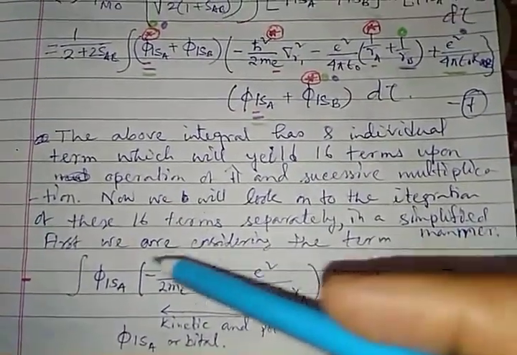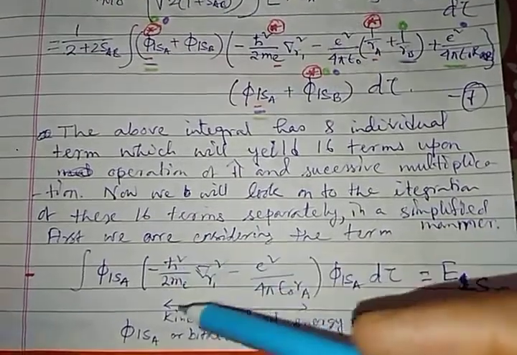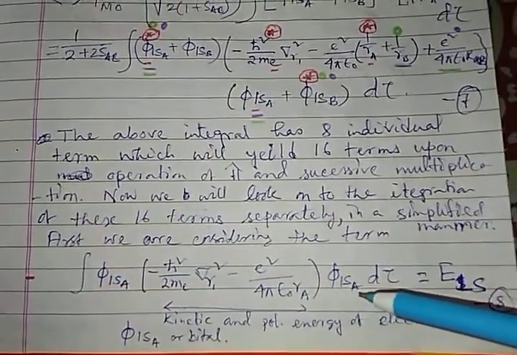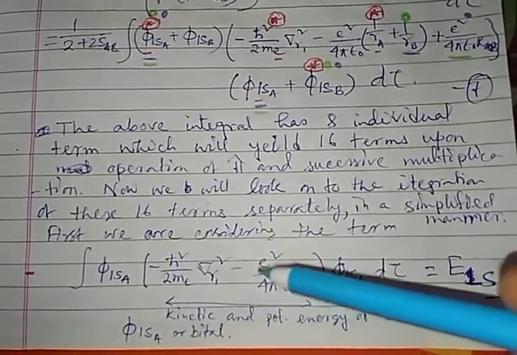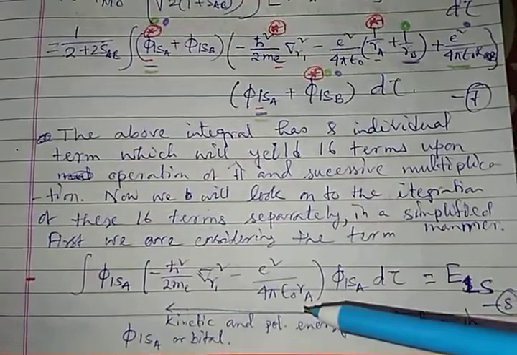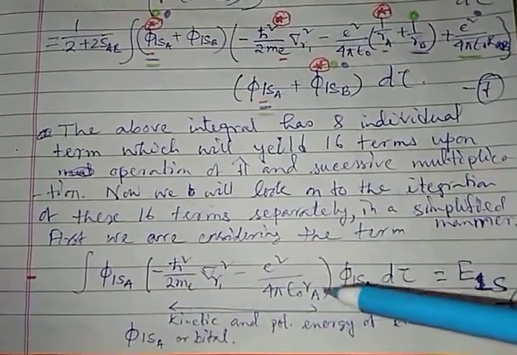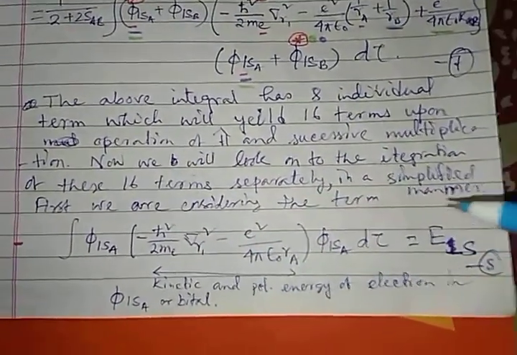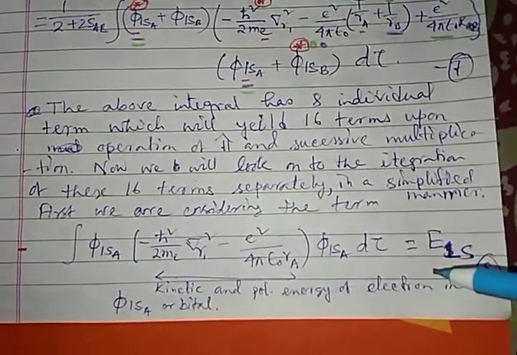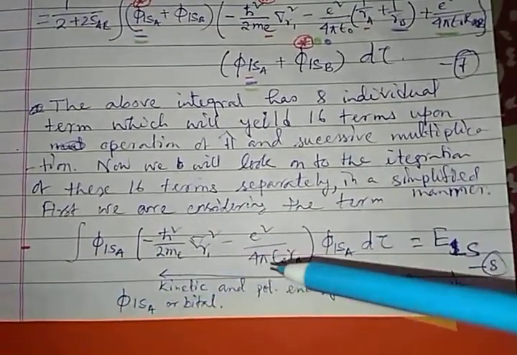Now this operator is the kinetic energy operator, and this is the potential energy for the electron in the vicinity of your hydrogen, in the 1s orbital of hydrogen atom A. So that will be the ground state energy of the electron in the phi 1sA orbital.